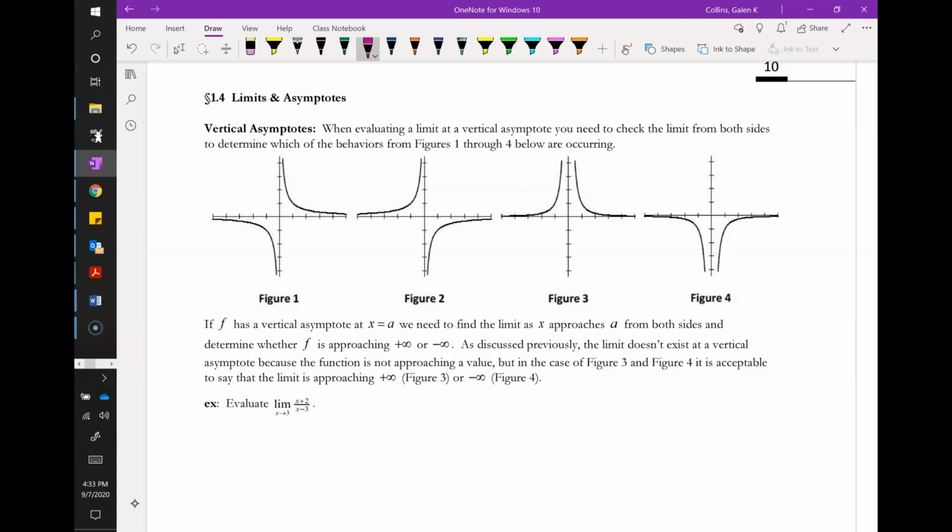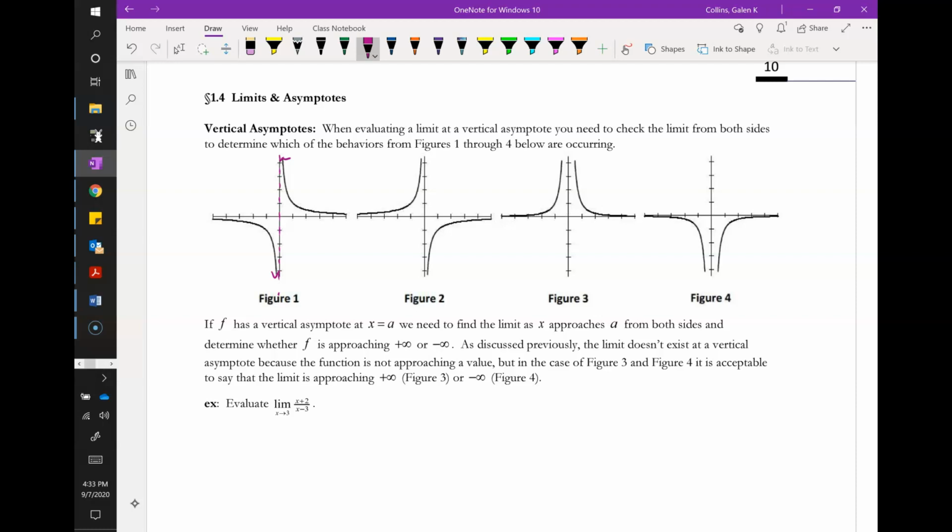So if you look at figure 1, I think for all of these, the asymptote is occurring where x equals 0. But from figure 1, the limit coming in from the left is approaching negative infinity, and the limit from the right is going to positive infinity.